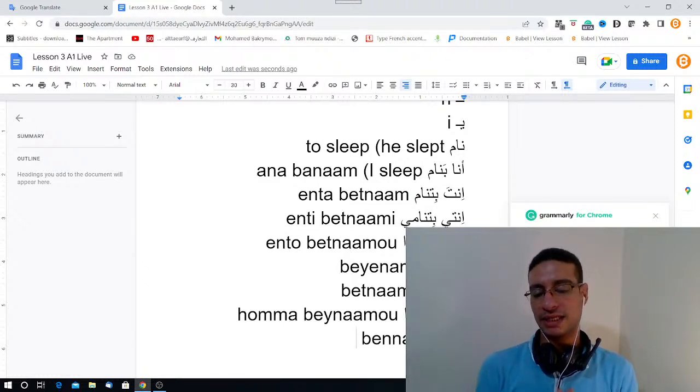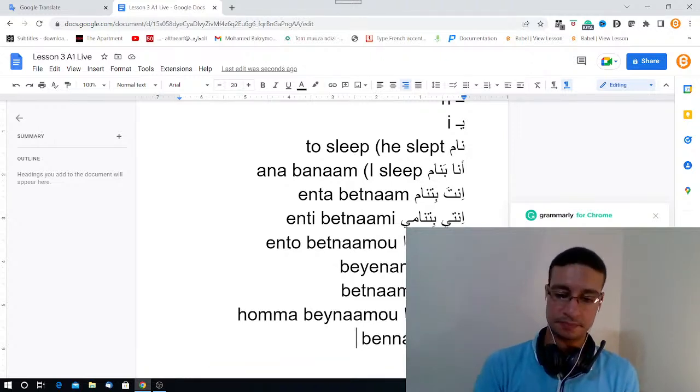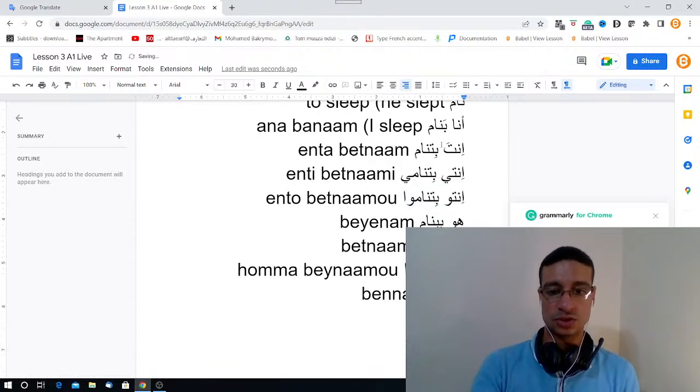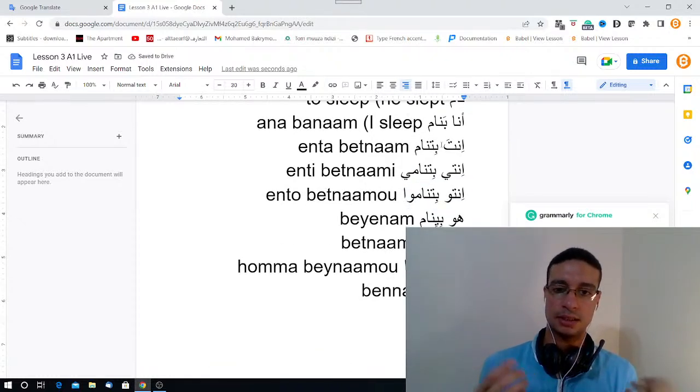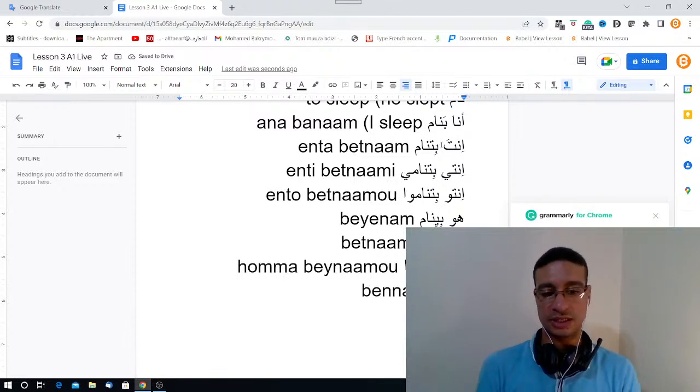What can make a verb irregular is having a vowel in the middle or at the end of the verb. So let's try to make 2 sentences with the 2 verbs that we learned.